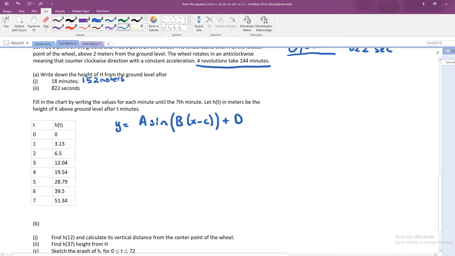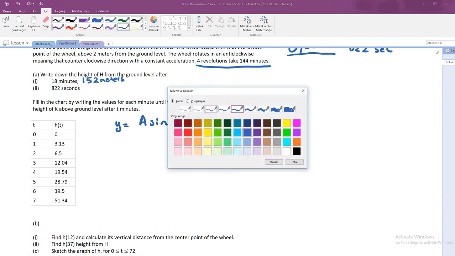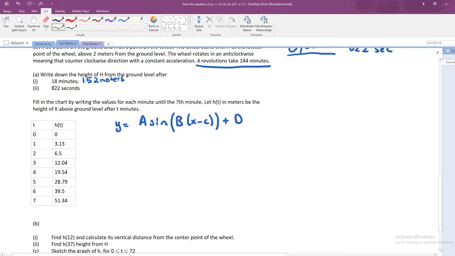Okay, so a is our amplitude. Let's make it a little thinner, a different color, green. So A is our amplitude.